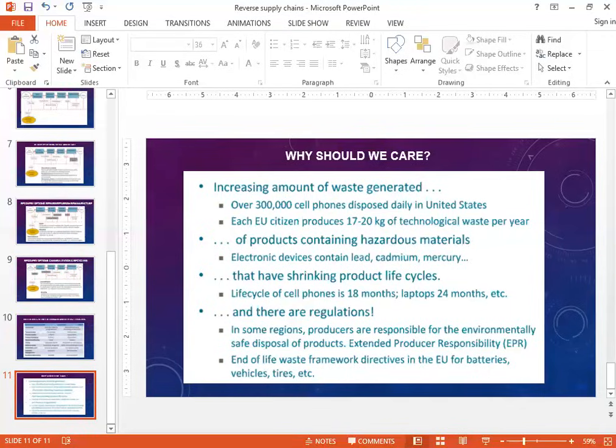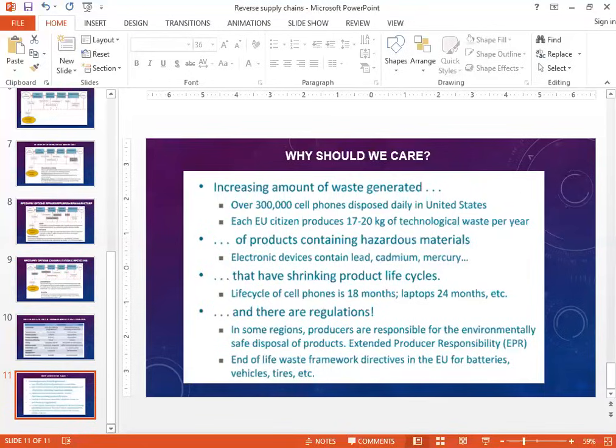Every EU citizen produces about 17 to 20 kilograms of technological waste per year. Many products that are being disposed contain hazardous materials. Electronic devices that are being disposed nowadays contain lead, mercury, a lot of very hazardous products.